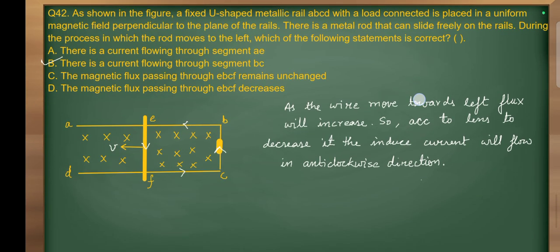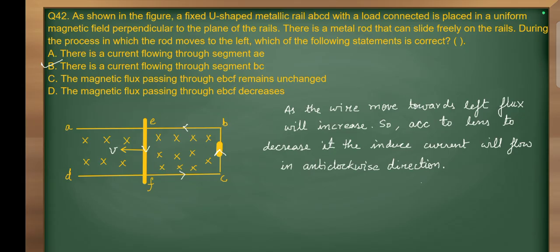Question number 42. As shown in the figure, a fixed U-shaped metallic rail ABCD with the load connected is placed in a uniform magnetic field perpendicular to the plane of the rails. There is a metal rod that can slide freely on the rails. During the process in which the rod moves to the left, which of the following statements is correct?